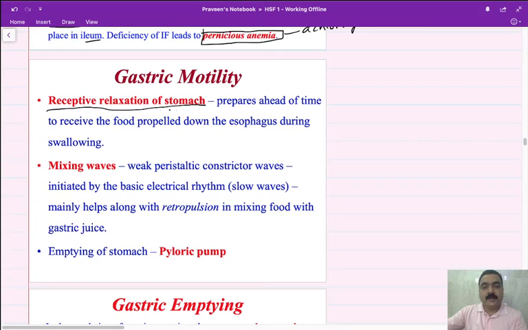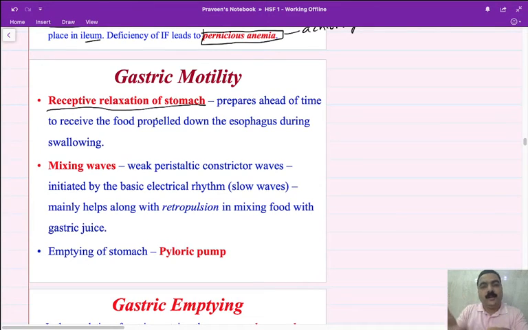The receptive relaxation of the stomach helps to take up the food and store it in the stomach, and it also helps to prevent the regurgitation of the food back into the esophagus. In case the food is coming through the esophagus, and when it comes to the stomach, at the same time, if you imagine the stomach is contracting, what will happen?